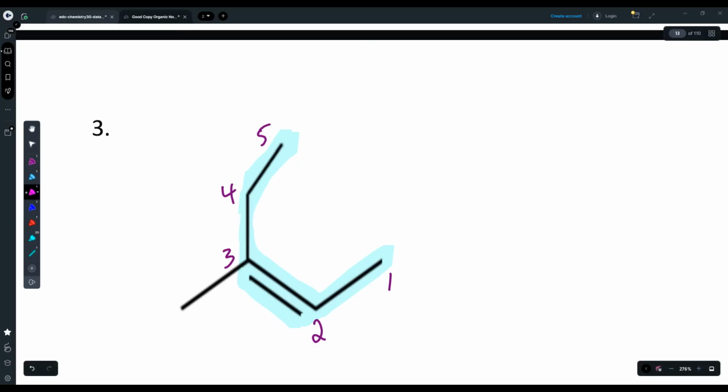Okay, the other option would be 1, 2, 3, 4, 5. So notice how for the purple numbering, the double bond starts on carbon 2, but for the pink numbering, the double bond starts on carbon 3. You always want to use the lower number. So that's why I'm going with the purple numbering here.